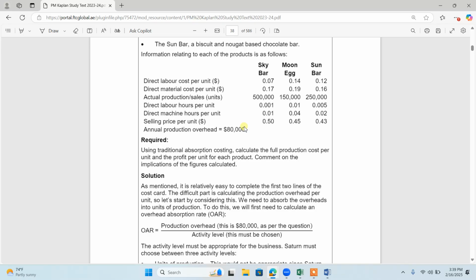Because if you're paying rent and salaries, this kind of expenses, which collectively is equal to 80,000, we need to divide this 80,000 by the per unit cost. How much of this 80,000 belongs to Sky, how much belongs to Moon, and how much belongs to the Sun. One thing.